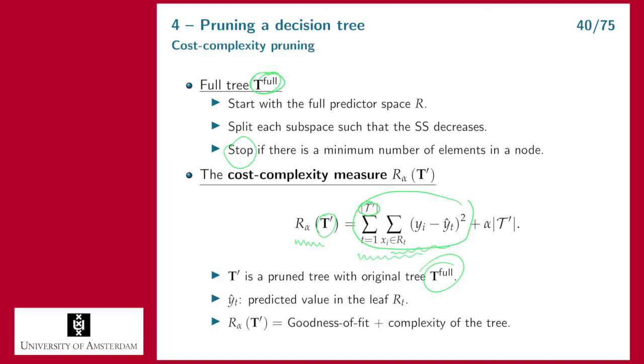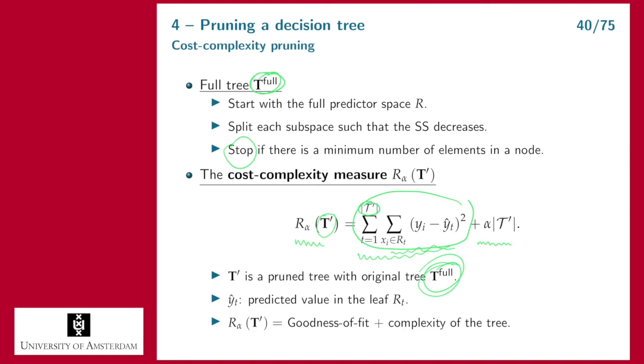So this is the total sum of squares of my pruned decision tree. Because I prune the tree, I make it smaller. My sum of squares of my pruned tree, so that first term, is larger than the sum of squares of the full decision tree. However, I also add another term that measures the complexity of the tree.